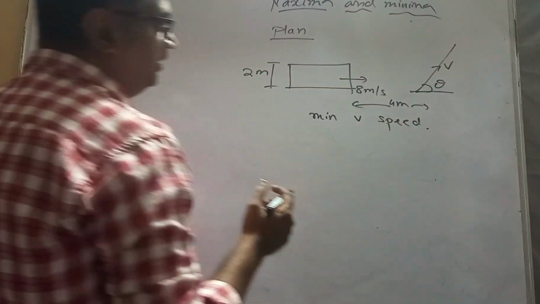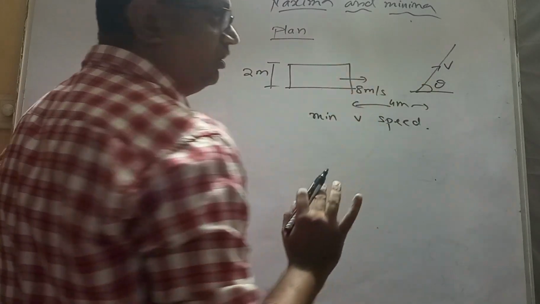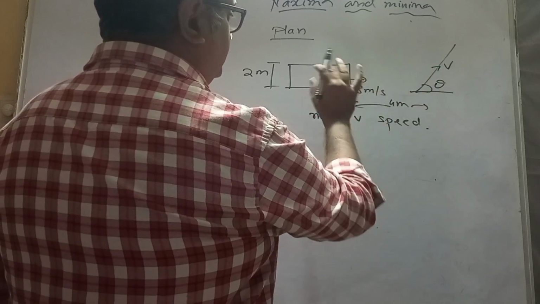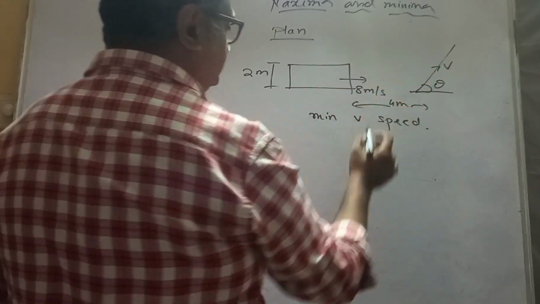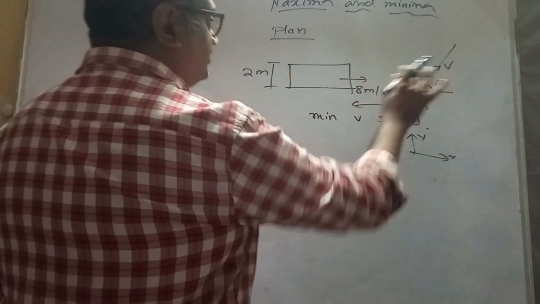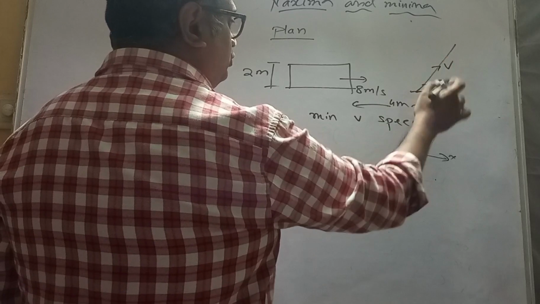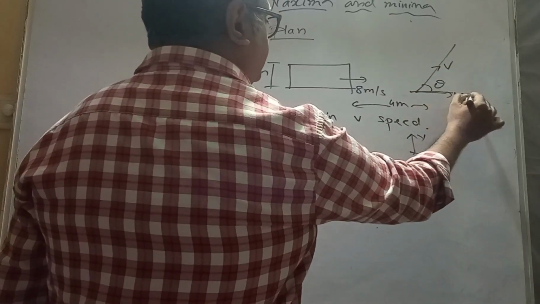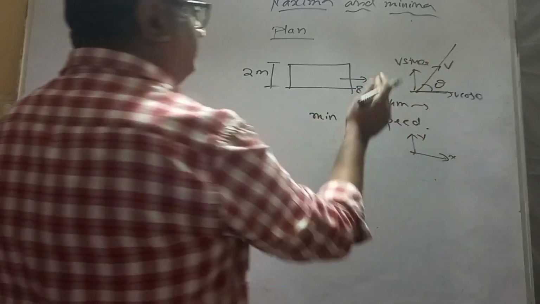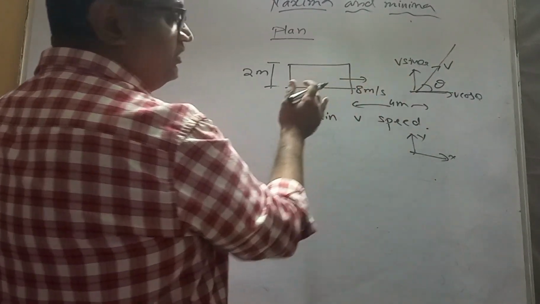So the concept that I'm going to use here is, this person is trying to cross the truck safely. That means the truck is traveling, this is my x-axis and this is my y-axis. The person's velocity has two components, one is v cos theta and one is v sin theta. The person's y component is trying to negotiate the truck safely.